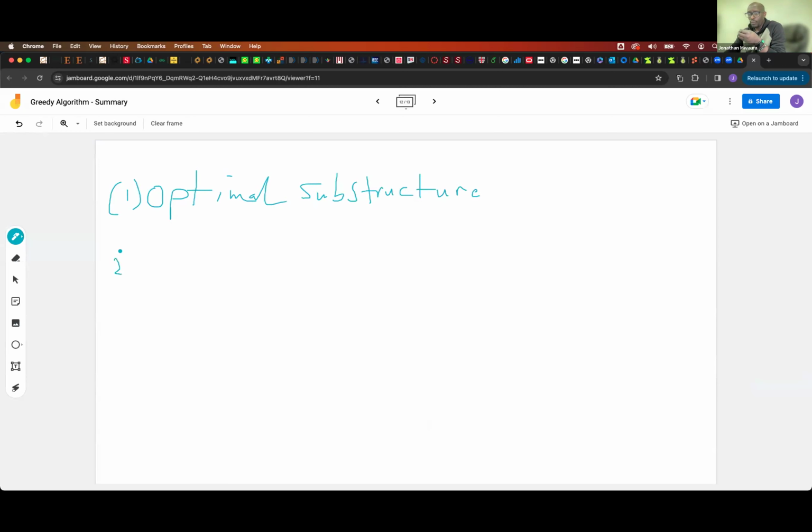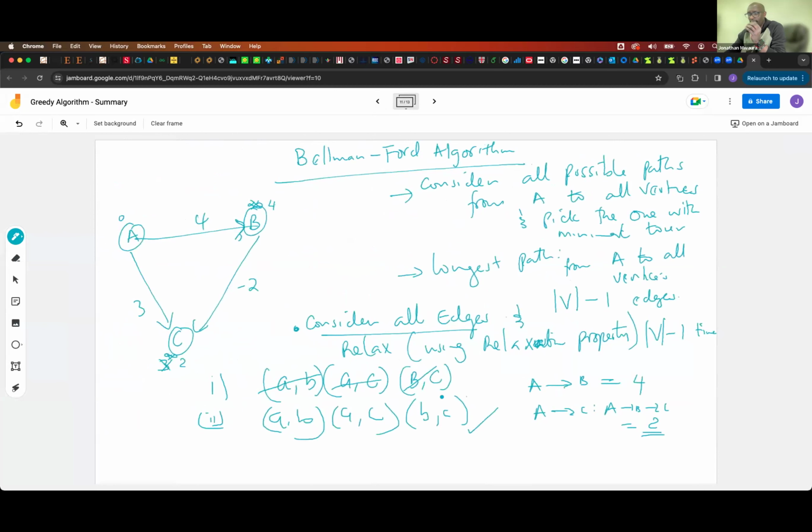The next thing that we observe is that we have overlapping sub-problems. We solve the first one, and then we come back and solve the next.